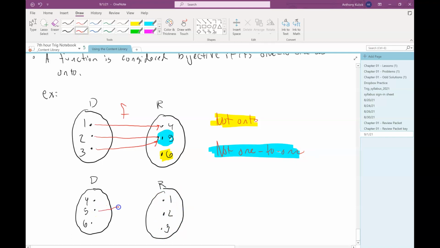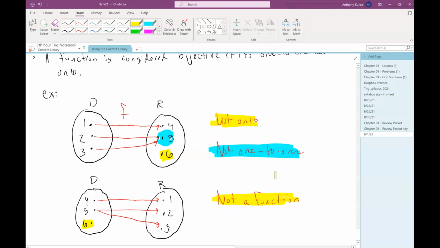So 5 goes to 2 and 3, and 4 goes to 1. So this thing is clearly not a function. But it's not a function for 2 different reasons. One reason it's not a function is because we have things in our domain that aren't paired.